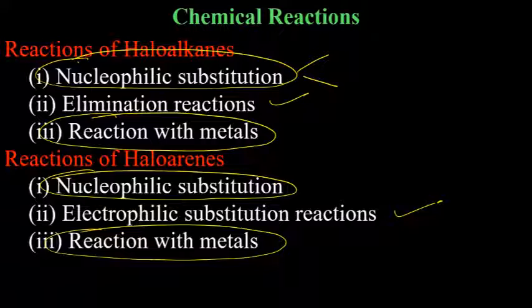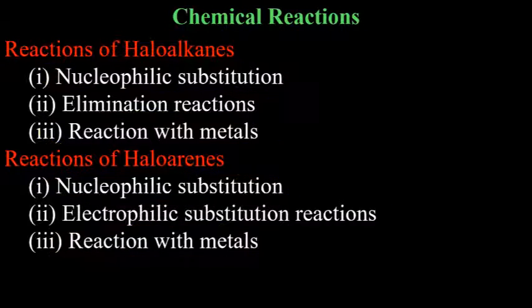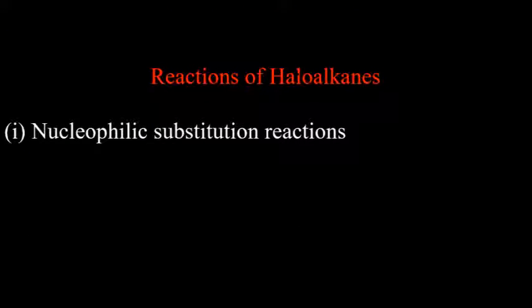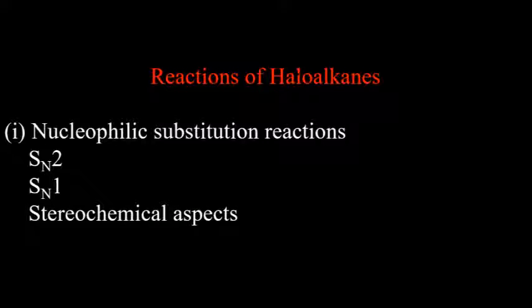So the first and most important one: nucleophilic substitution reactions of haloalkanes. In nucleophilic substitution reaction, there are two types of mechanisms, SN2 and SN1. Third is stereochemical aspects of these two. So this is not the third type, okay?